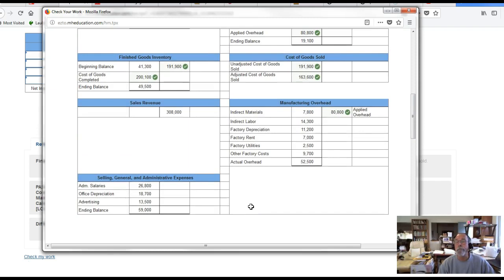And it is 163.6. So again, they're not giving us the empty space here to show the credit of 28.3. But normally this adjustment would be a debit here and a credit here to show that the over-applied overhead is being adjusted to cost of goods sold.